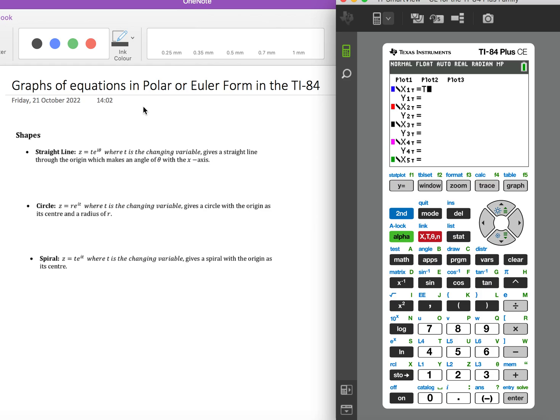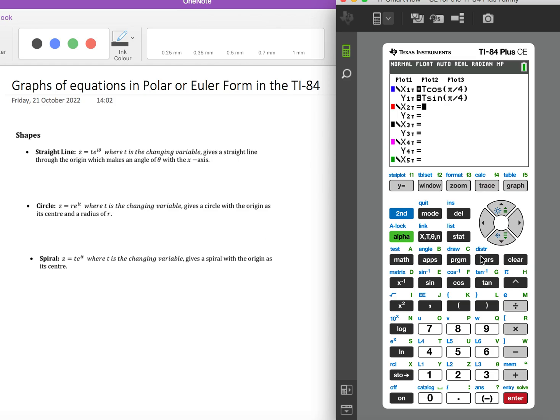For polar, I'm just going to say this is cosine of the angle that we want the line to make with the positive x-axis. For simplicity, we can use pi over 4. And then that is going to be similar for y1 of t, but we use sine, also pi over 4.